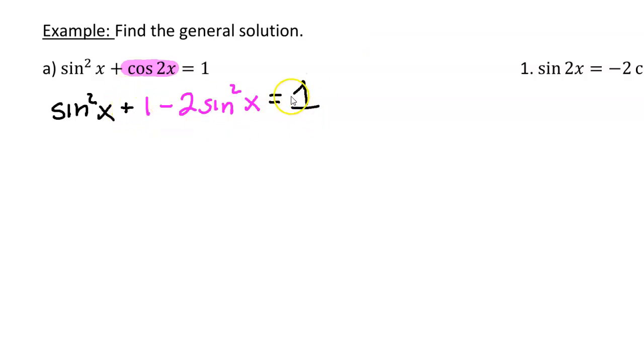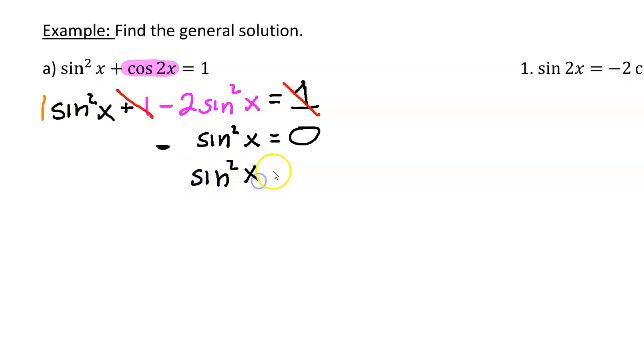We have a plus 1 on both sides, so that'll cancel out when we subtract 1 on both sides. And then we have 1 sine squared x minus 2 sine squared x, which equals just negative sine squared x. And if we divide both sides by -1, we'll have sine squared x. In a sense, the negative just drops off, since 0 divided by -1 is 0.